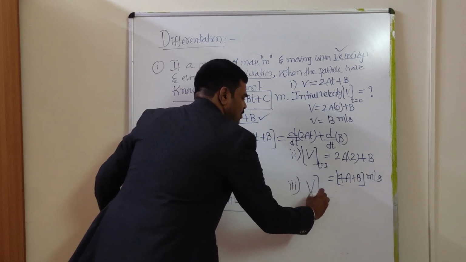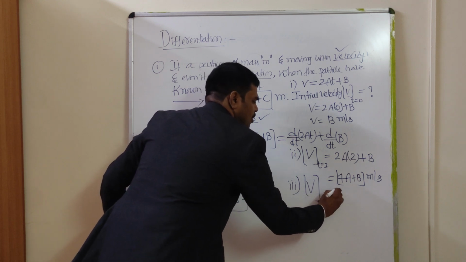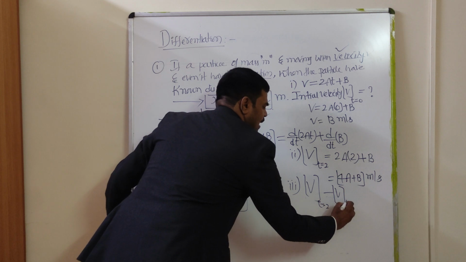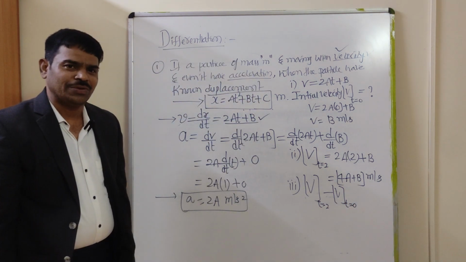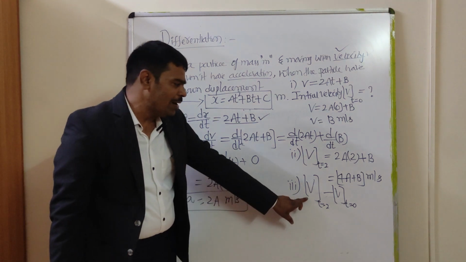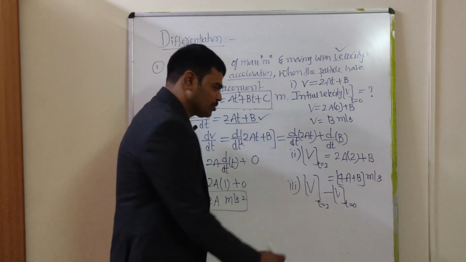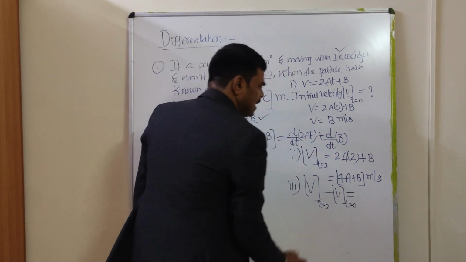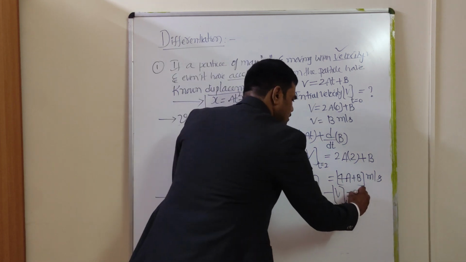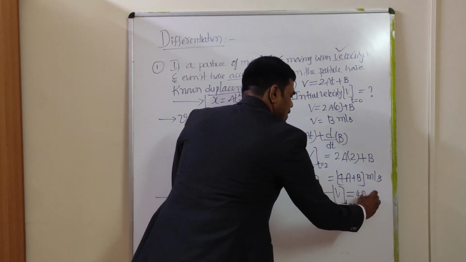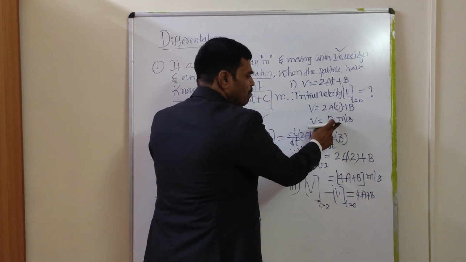What is the velocity of the particle at time t equals 2 seconds minus the velocity of the particle at time t equals 0 seconds? So here the particle will travel more distance and here the particle will travel less distance. Correct? So here the answer is dead easy. v at time t equals 2 seconds is 4a plus b. v at time t equals 0 is b alone.